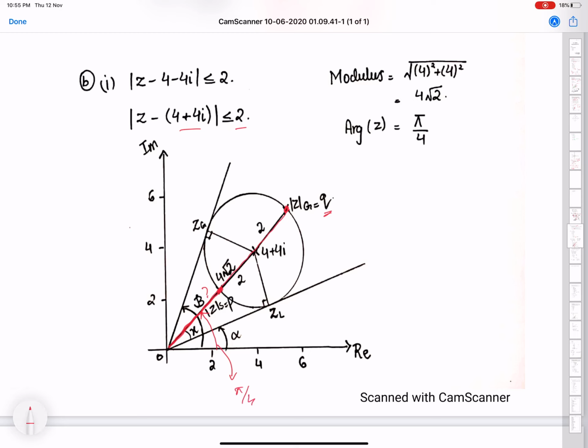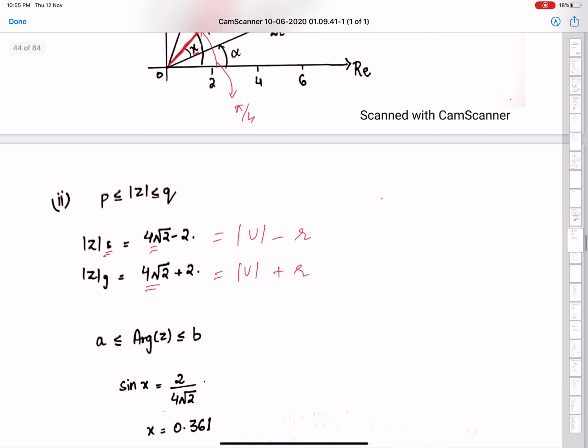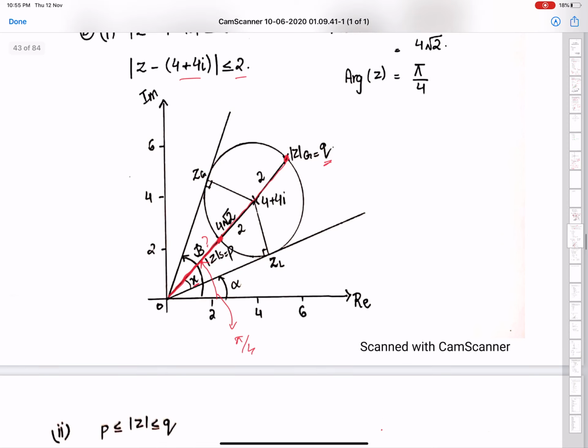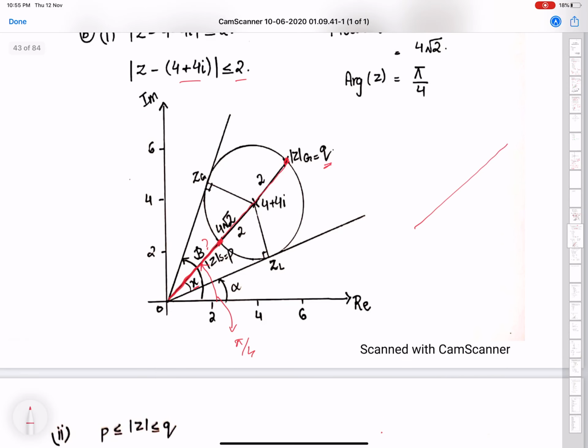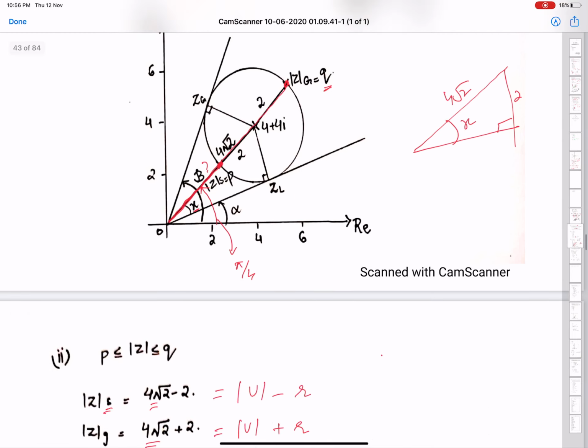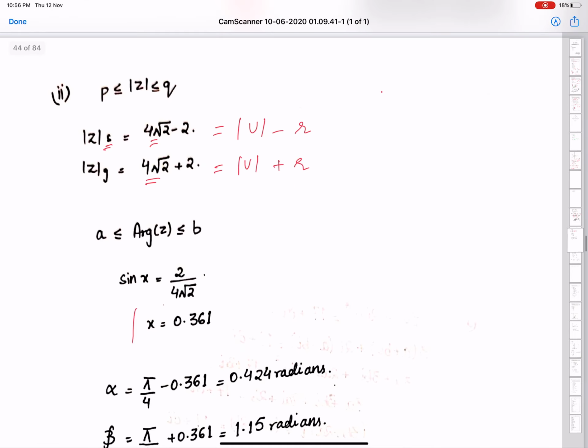Now get this angle x. Use this triangle for that. This is 90, this is 4 root 2, and this is 2. So you can easily get this angle x by using sine in this triangle. And this x is 0.361.